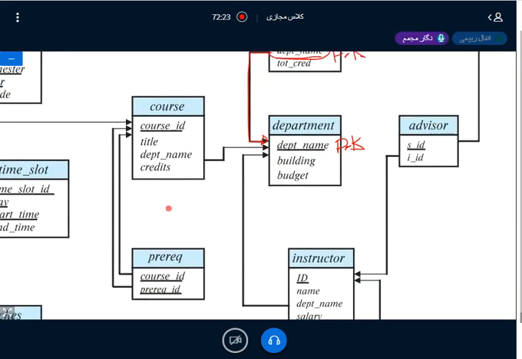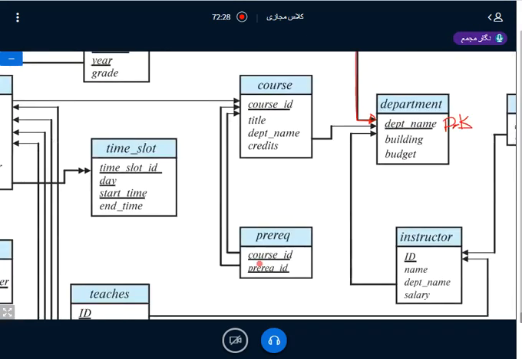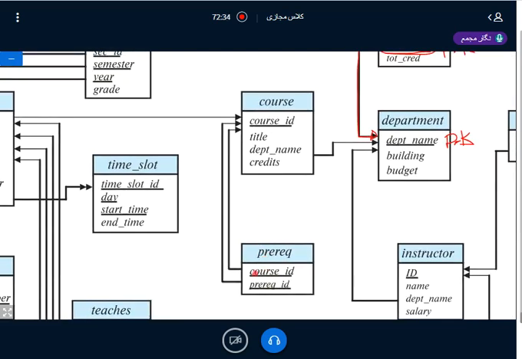And here is one more example. For example, this table, prereq. This is a prerequisite course table. And in this prereq table, we have a course ID. And with this course ID, we refer to the table course.